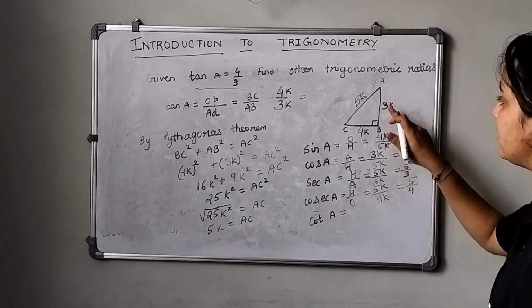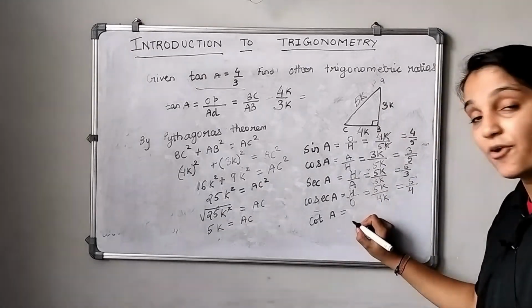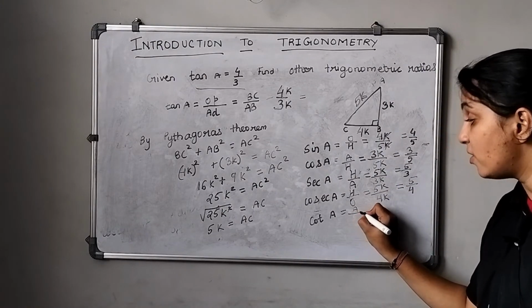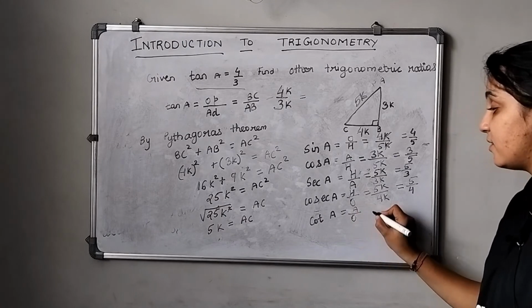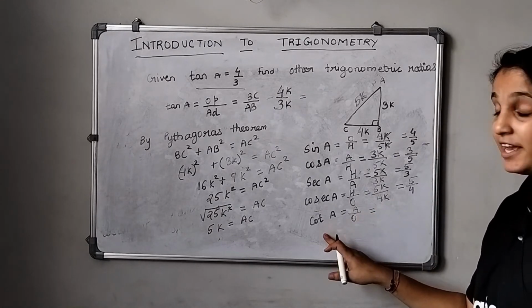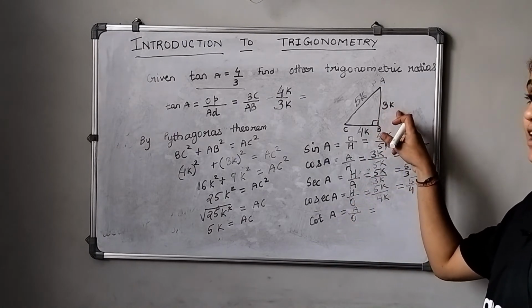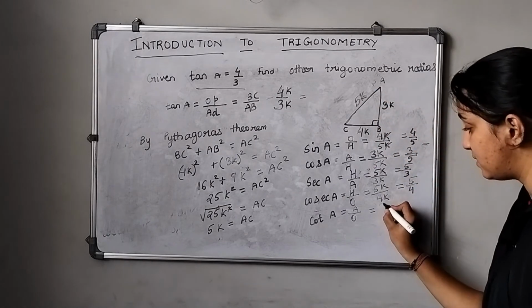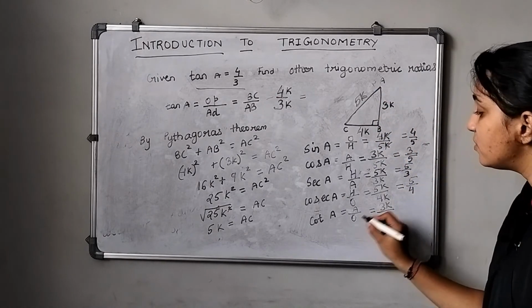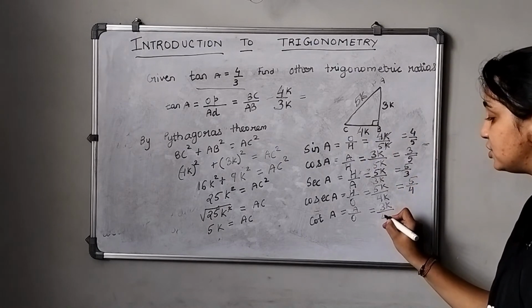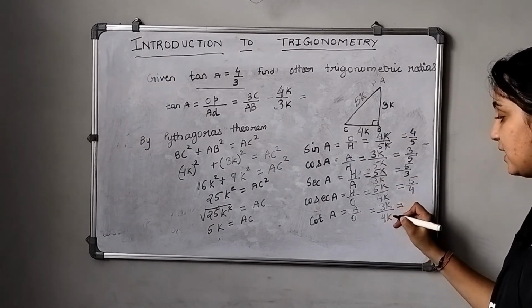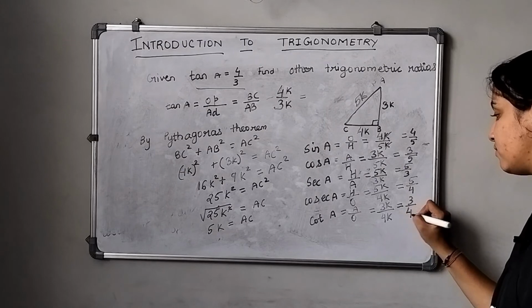So cot of A will be, what is the definition of cot of A? Adjacent upon opposite side. What is the adjacent side of A? 3K, which is connected to A. So this will be 3K upon opposite, 4K, which is not connected to A. So K gets cancelled. You have 3 upon 4.